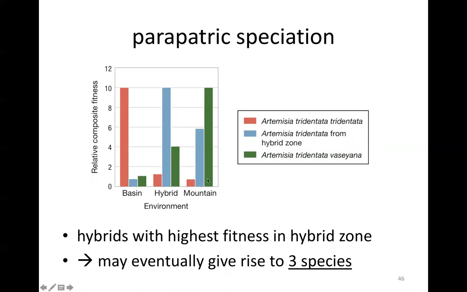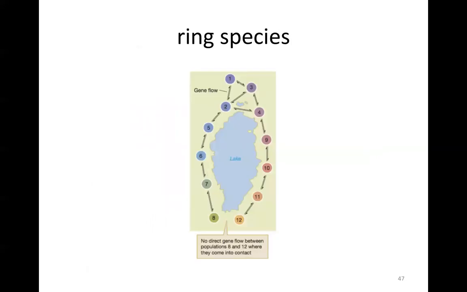Their fitnesses are highest in their own environments, and the hybrid fitness is highest in the hybrid zone, in the intermediate zone. And in this case, you might again expect selection against hybridization, but the hybrids themselves might also stop gene flow with either of the parent populations, and the end result would be the emergence of three species. Okay.